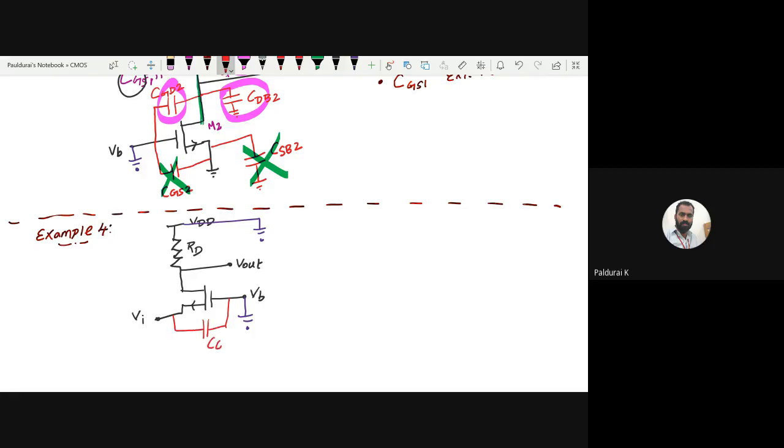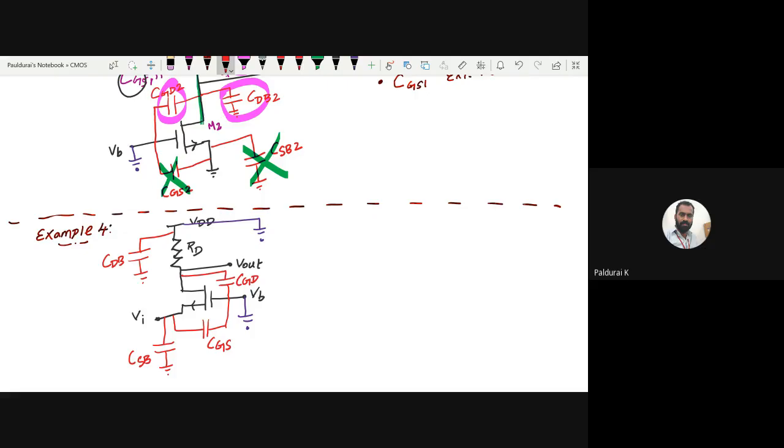This is my CGS. அப்புறம் இங்க எனக்கு gate to drain CGD. அதுக்கப்புறம் drain to bulk, and this is my source to bulk.